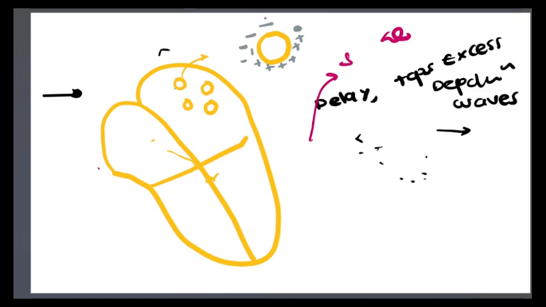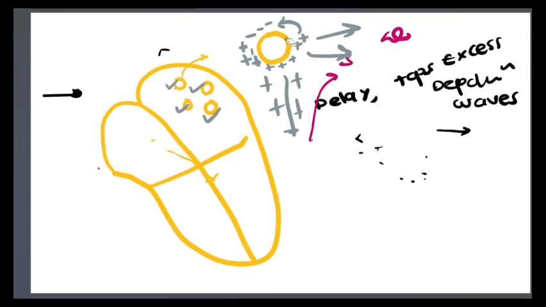Since this area is negative, this depolarization will again depolarize this area. Again, when it reaches this area, these areas have repolarized. So this keeps on happening. This is called a re-entry circuit, and when this is happening, some depolarization will happen in this direction and in multiple directions as well. All right, so that is what is happening in atrial fibrillation.